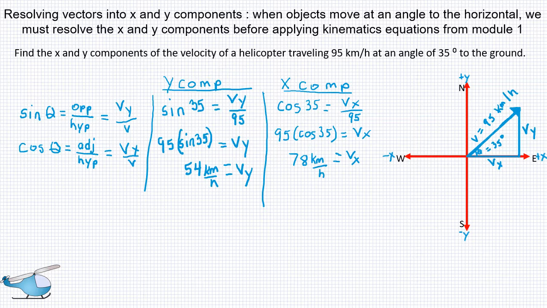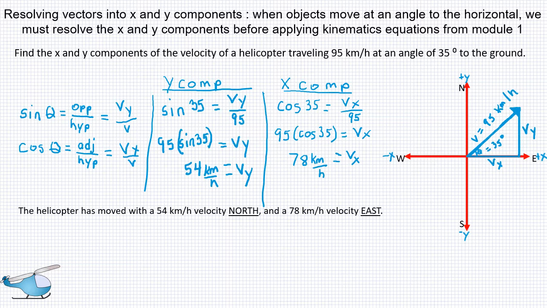In the x direction, right? Let's look at that specifically. So the helicopter has moved at 54 kilometers per hour north and 78 kilometers per hour east.